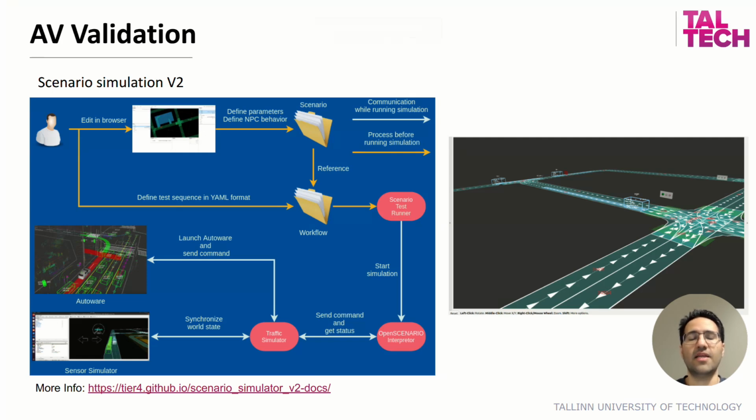This is a really fun and cool task, to see if you can find a corner case, a critical edge case scenario where our vehicle crashes with another road user. That would be the main aim of this course series, which is the validation of our autonomous vehicle software.